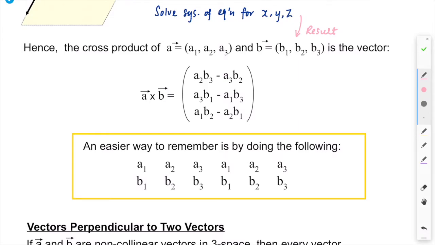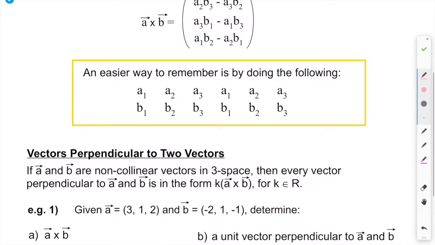So this sounds pretty difficult to remember. An easier way to look at this is that you list the components of vectors A and B across, and then you ignore the first column, and then you multiply downward A2 times B3, subtract going up A3B2, right?